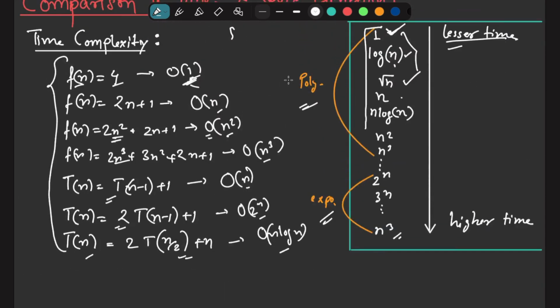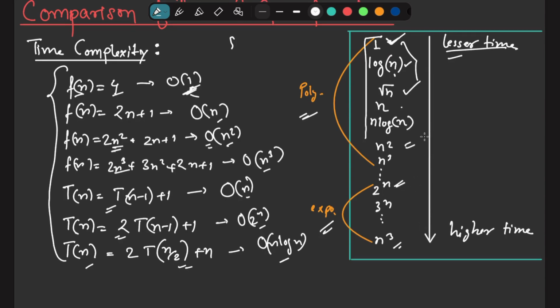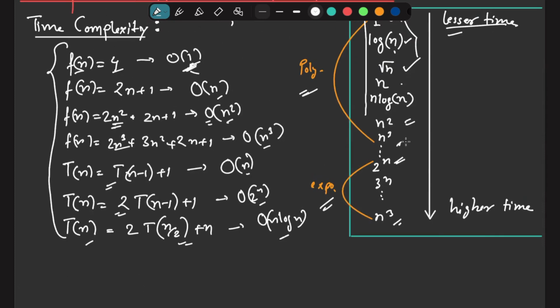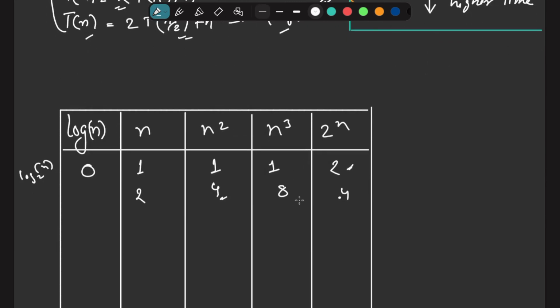But in this table, 2 power n should have higher time than n cube, yet here for the first time it was higher, but then it is lower. So how does this work?